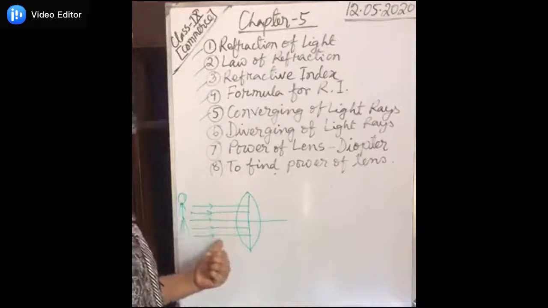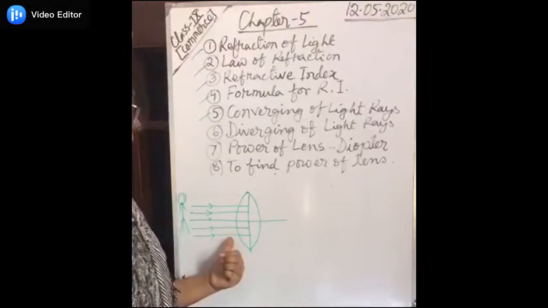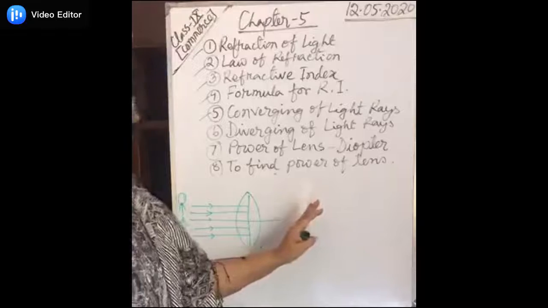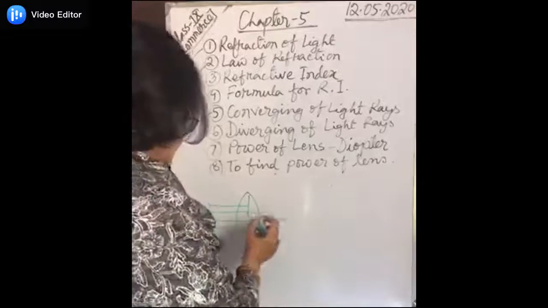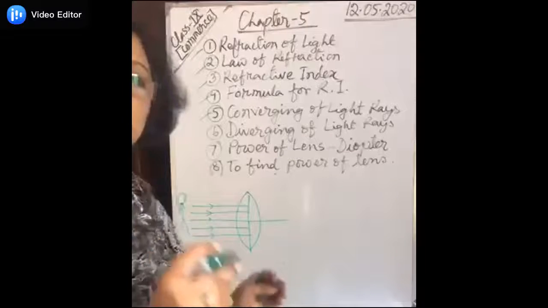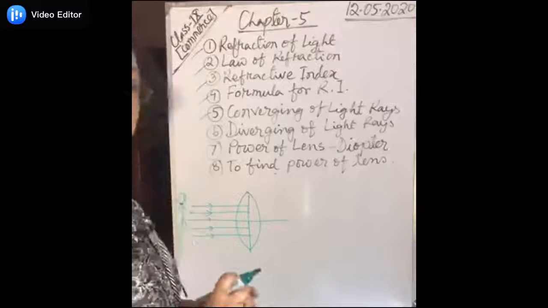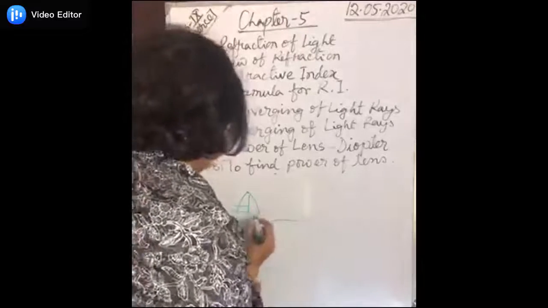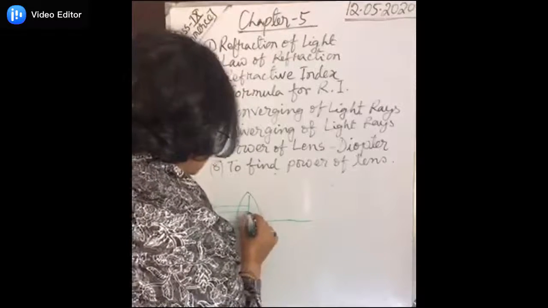The light rays are always parallel to one another. When they pass through the lens and come out on the other side, what happens? They cannot stay parallel anymore. They all come together and meet at a point on the principal axis.